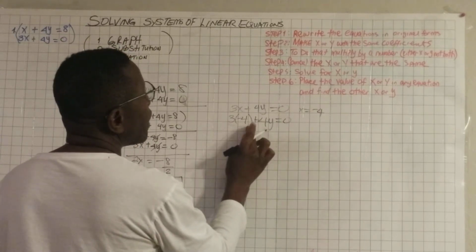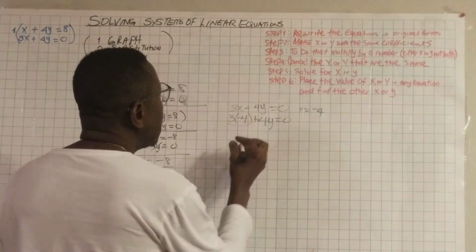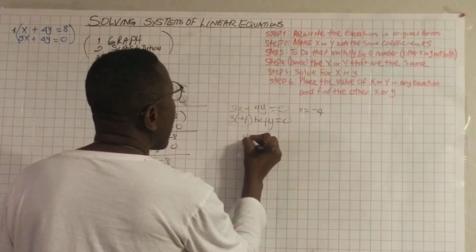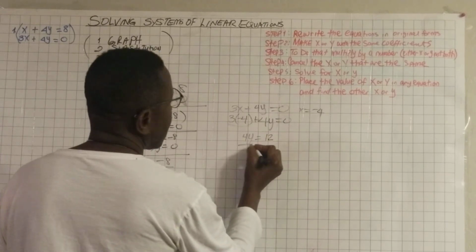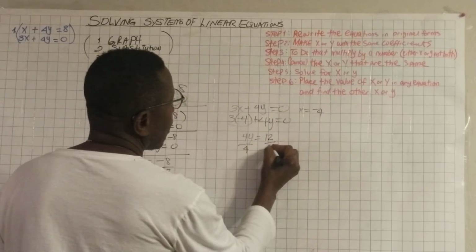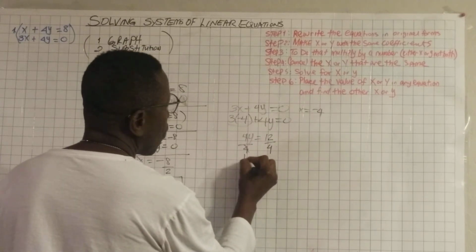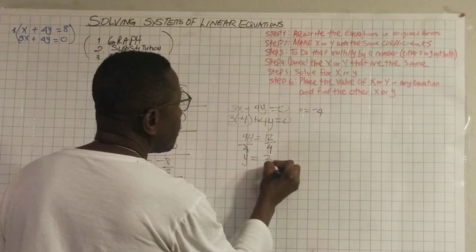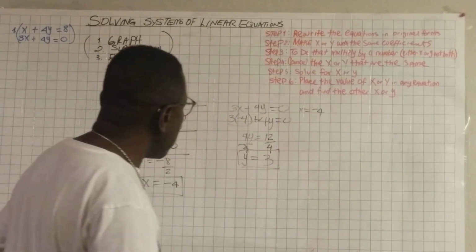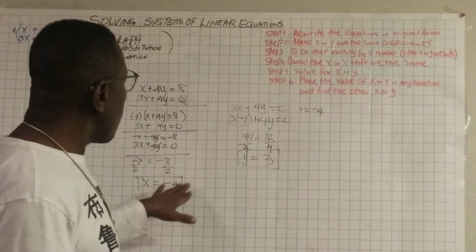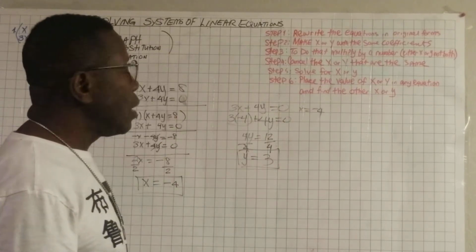We move it across the equation sign and change the sign to plus 12. So we're going to be left with 4y is equal to 12. We divide this by 4, divide this out of the equation by 4. These will cancel out. y is equal to 3. Again, we were able to find the solution to the equation, x equal to minus 4, y equal to 3, by means of elimination.